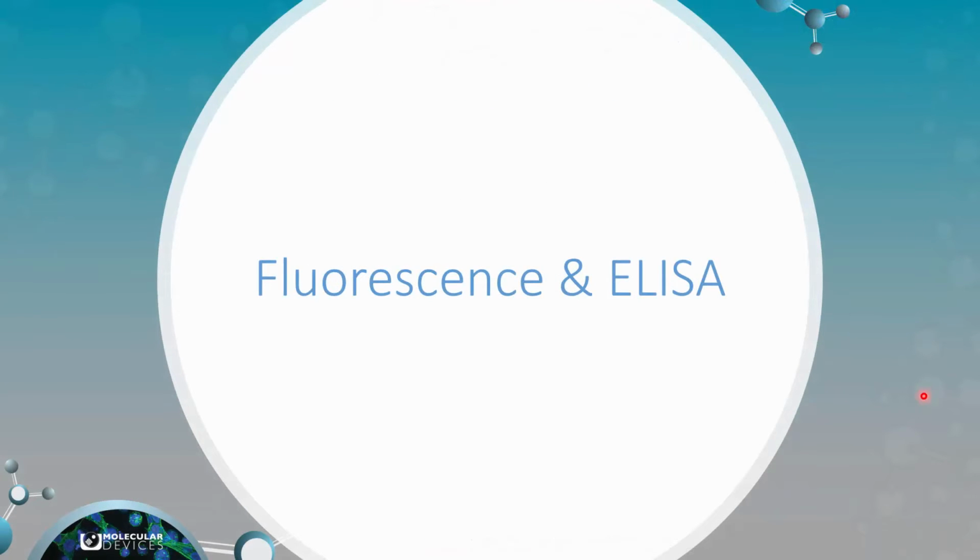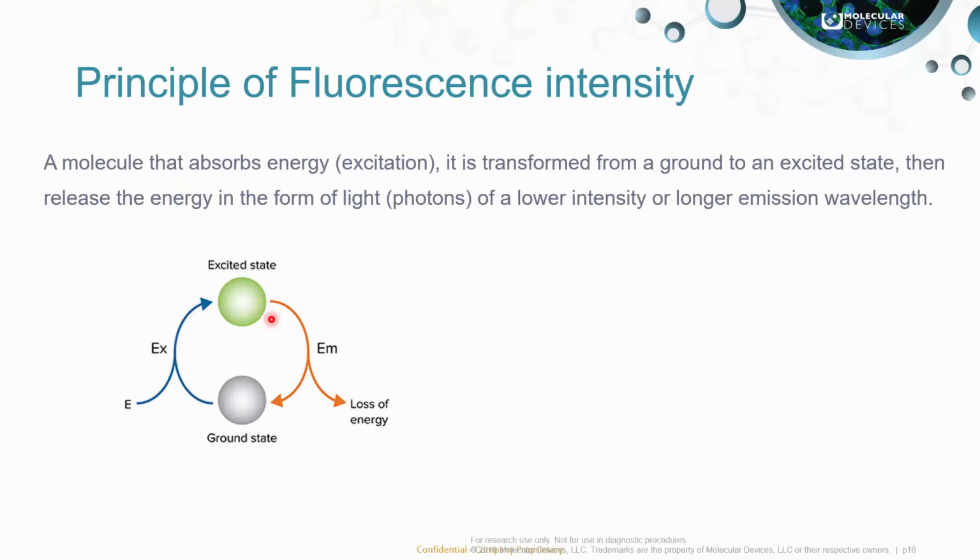Now we will move on to Fluorescence and ELISA. So again, we'll look at the principle of fluorescent intensity. It is when a molecule absorbs energy and it is transformed from a ground to an excited state, shown here below.